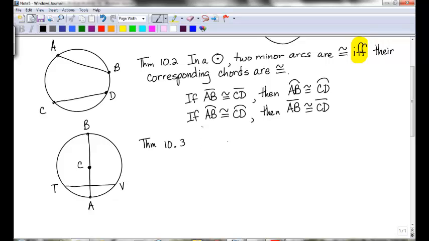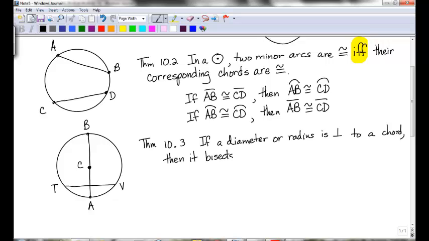Okay, theorem 10.3 says if a diameter or radius is perpendicular to a chord, then it bisects the chord and its arc.